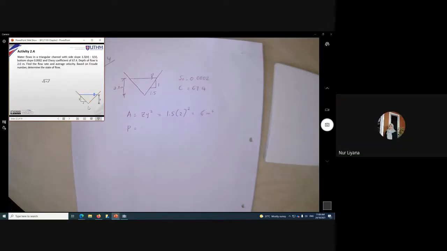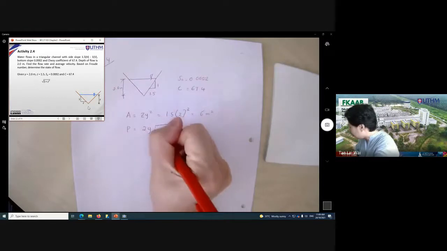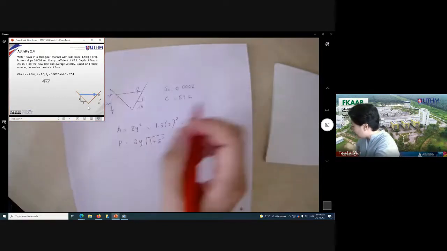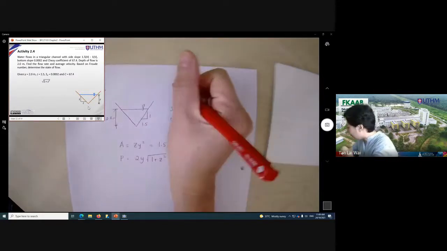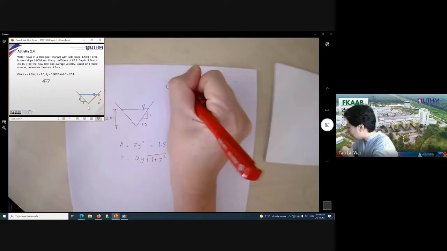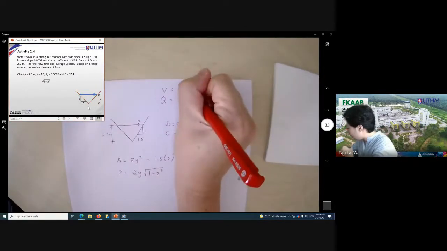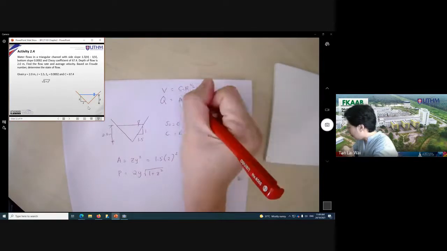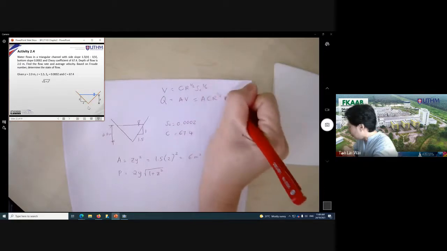Two Y square root 1 plus Z squared. Of course, I need to find A and P because of my Chezy formula. I could write this as Q equals A times C R to the half S naught to the half.